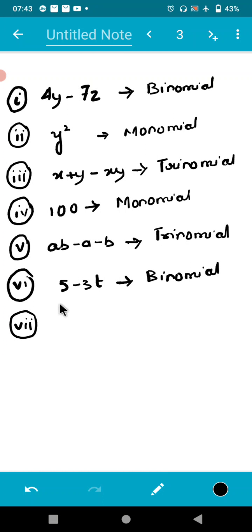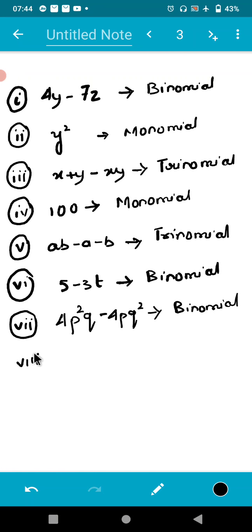We have 4 p square q and minus 4 pq square. Be careful. Are the algebraic factors the same or not? In the first term it is p square q, and in the second term it is pq square. So they are not matching. And how many terms are there? 2. So this is a binomial expression.